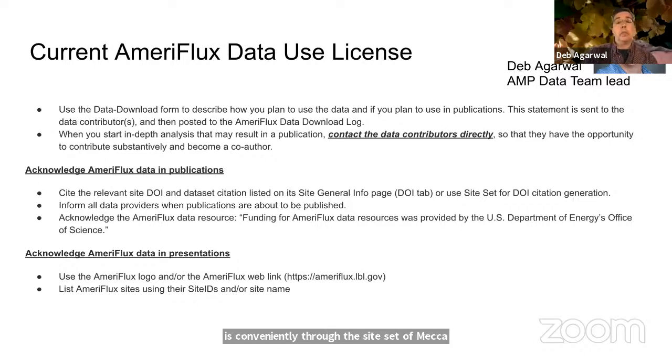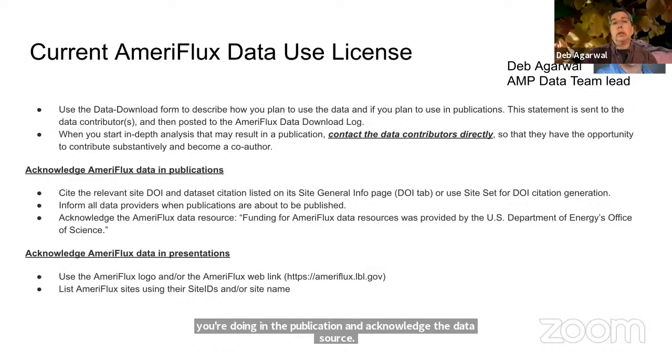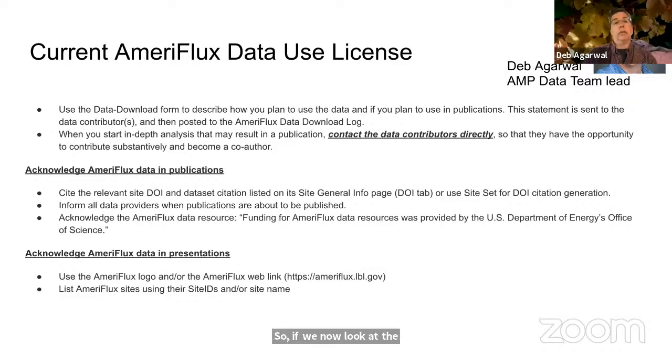But we have several tools to help you do that citation. And you're expected to inform all data providers of the publication, of the analysis you're doing in the publication, and acknowledge the data source. So if we now look at, if you could go on, Trevor.